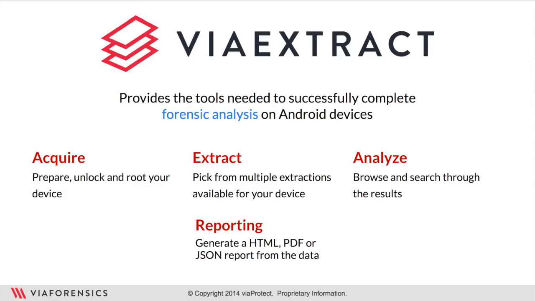And then we can then extract the data using one of the multiple acquisition types that we mentioned on the previous slide. Then you're able to analyze that data, browse through that, search for any key terms that are of interest to you, and also use things like our timeline, which is a really cool new feature that I'm going to show you shortly. And then finally, we can move on to the reporting, and we enable you to generate that report in HTML, PDF, or JSON.